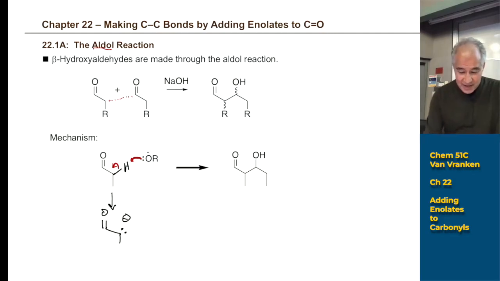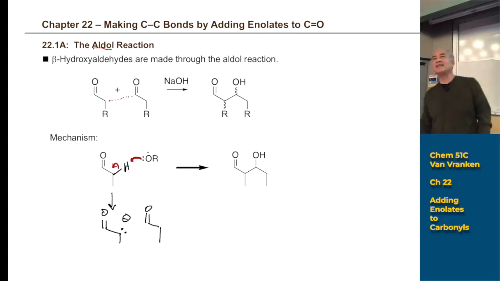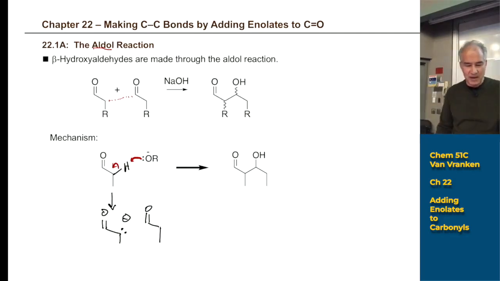So let's take it as a given that if we're only generating a tiny amount of this enolate, then we still have lots of aldehyde molecules floating around and colliding with that enolate. 10 to the 23rd molecules are floating around in that flask, and only a small amount of them are deprotonated as enolates.